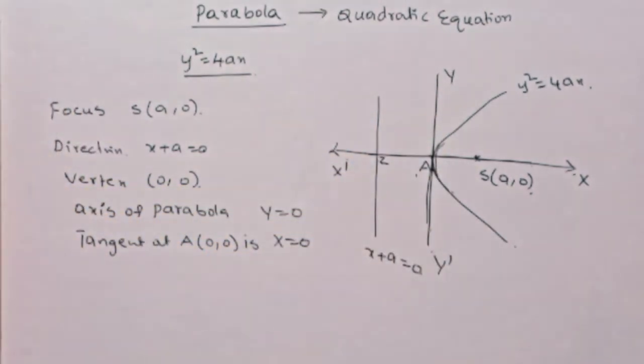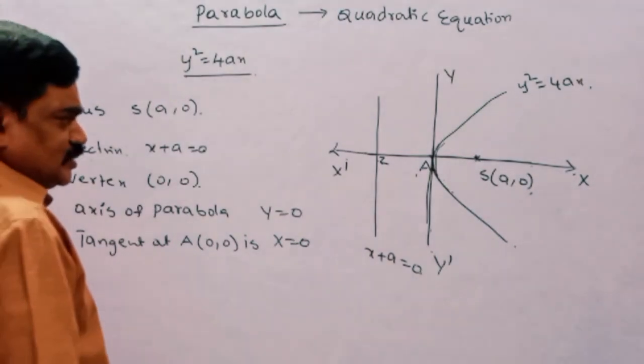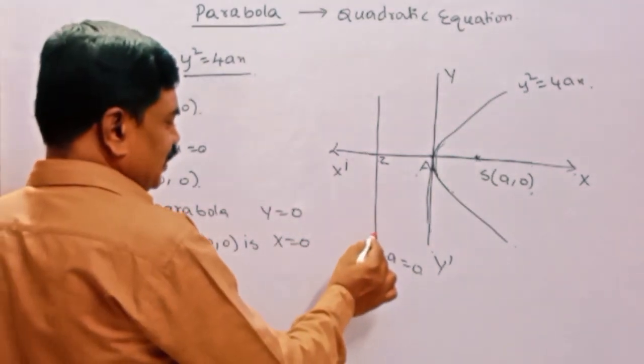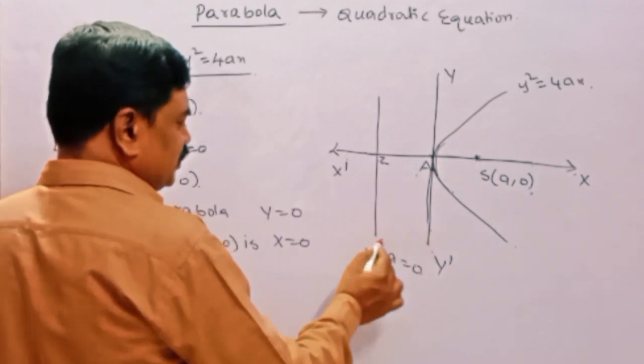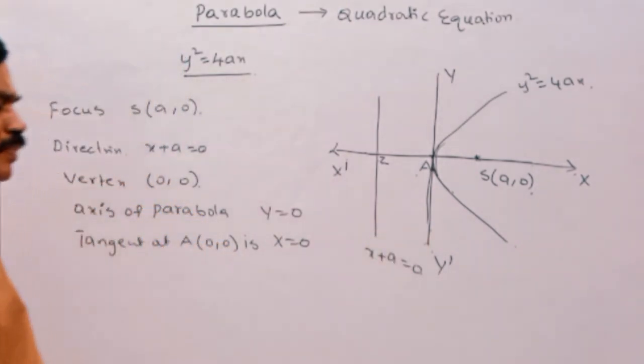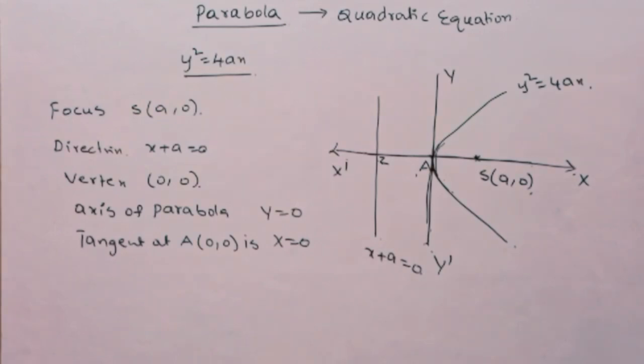The y axis is the tangent of the parabola at the vertex, and this directrix and this tangent are parallel to each other.